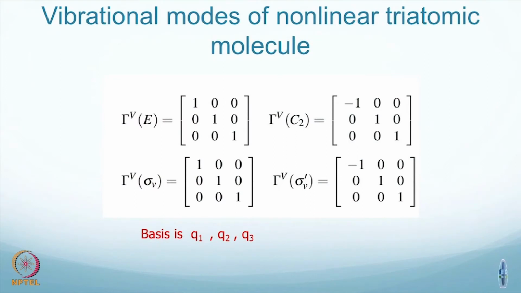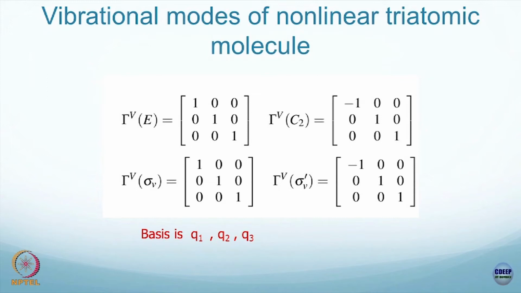Okay. So, identity element is this, C2 element is this, which I worked out elaborately now. Sigma V is the xz plane, you will not change x or z coordinate.